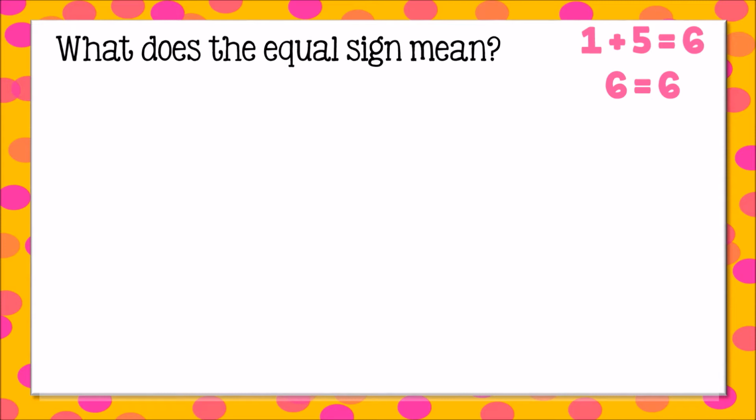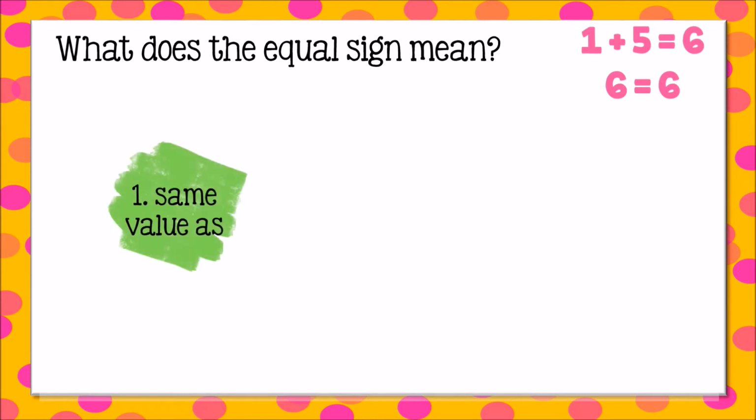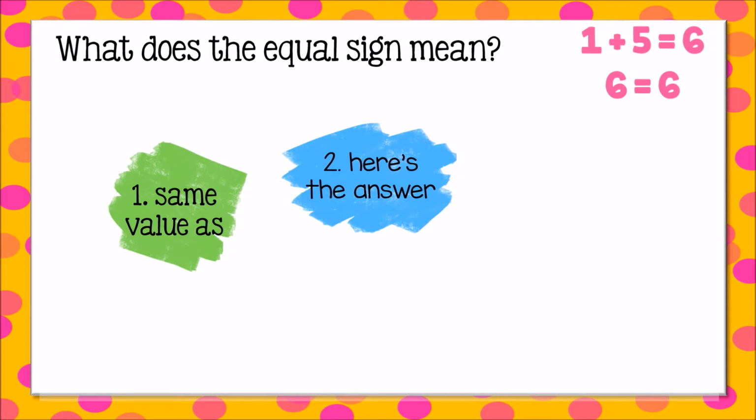I'm going to show you some phrases, and I want you to decide if yes, that does represent the meaning of the equal sign, or no, that does not represent the meaning of the equal sign. Let's start. The equal sign means same value as in 1 plus 5 has the same value as 6. The equal sign means, here's the answer.